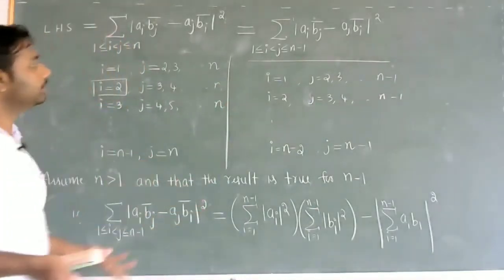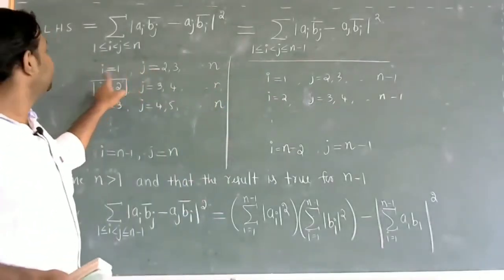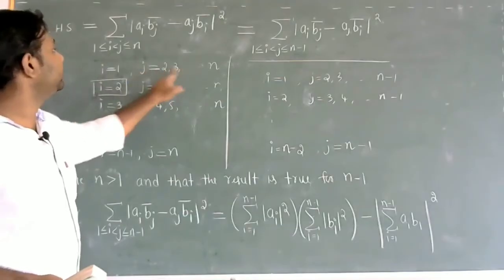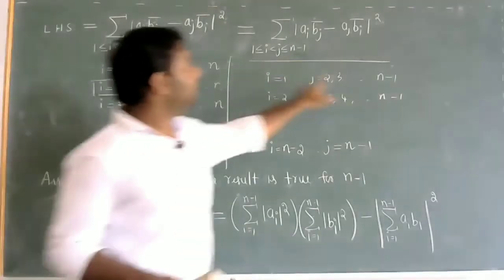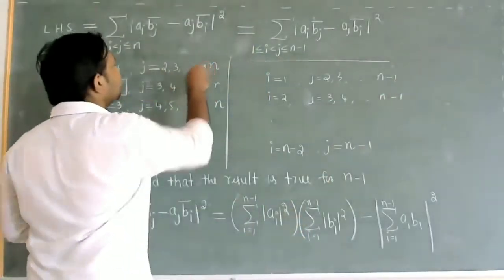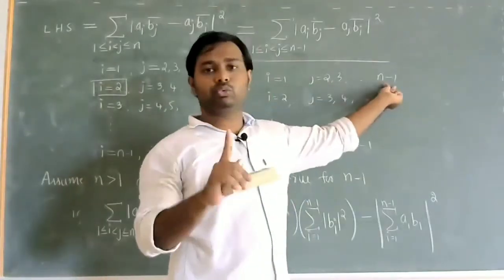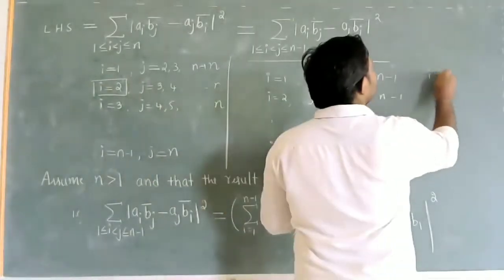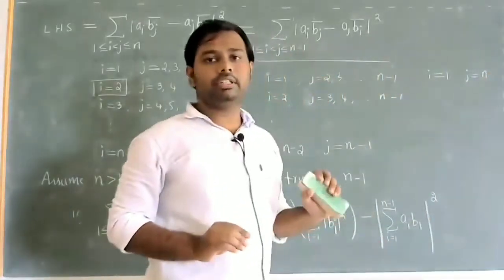So now what are the terms I have left? For i is equal to 1, j is equal to 2, 3, 4, up to j is equal to n. But I have taken only up to n minus 1. So for i is equal to 1, I have left one term, that is j is equal to n.